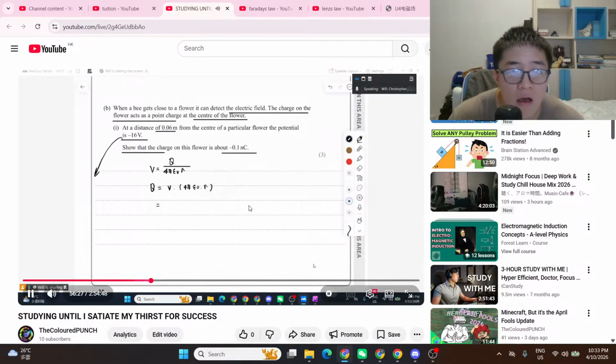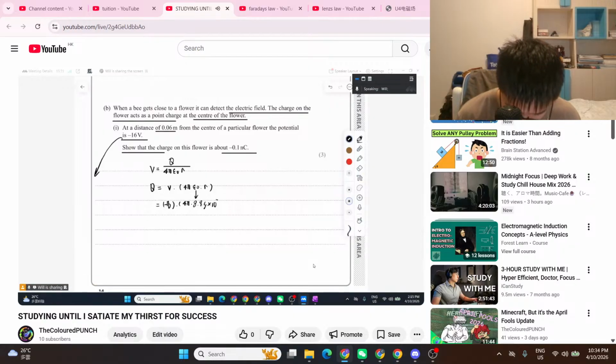And finally we take the known quantities into the equation, and the potential is negative 16, times the 4 pi, and here the epsilon is 8.85 times 10 to the negative 12, and times the radius.